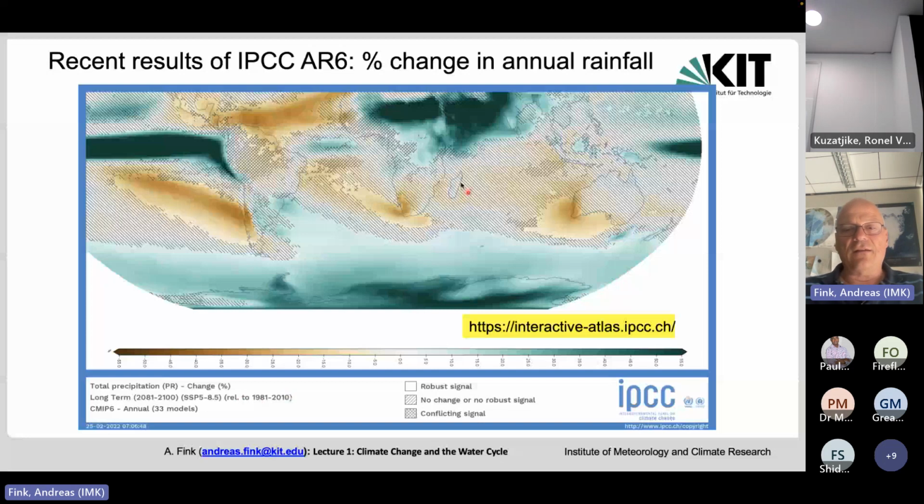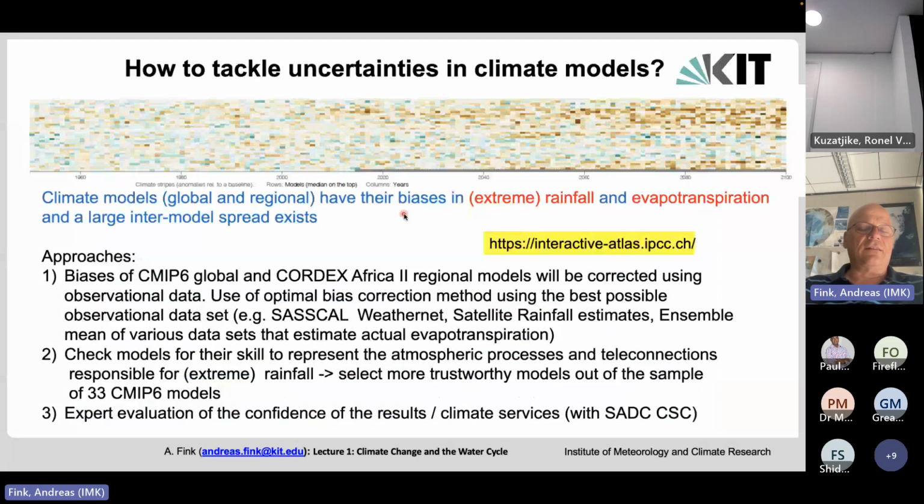And what you see, because the models are not very good, is that for most of the region we have no change, or no robust signal, or a conflicting signal, except for the southernmost, southwesternmost region.